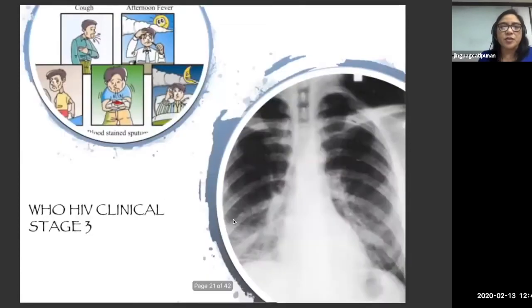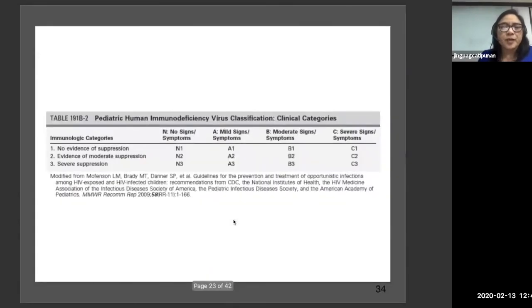opportunistic infections. In children, we also use the clinical categories, with immunologic categories N, A, B, C. The immunologic category is the suppression, or the CD4 count.